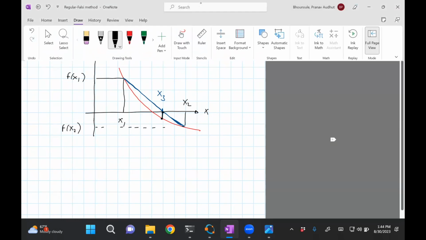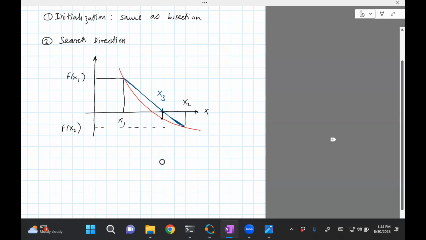So we need to do a little bit of calculations here to figure out what this x3 is, because we need to draw a straight line. So we know that the straight line passes through 3 points here. One of them is x1, f of x1. It passes through x2, f of x2.